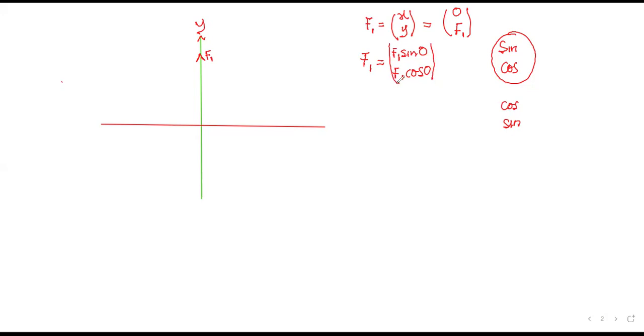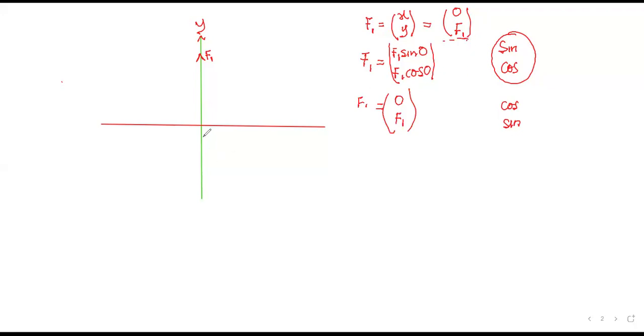What is F1 sine 0? Sine 0 is equal to 0. So 0 times F1 is 0. Then cos 0 is 1, so F1. These are the components of F1, same as the analogy we made.